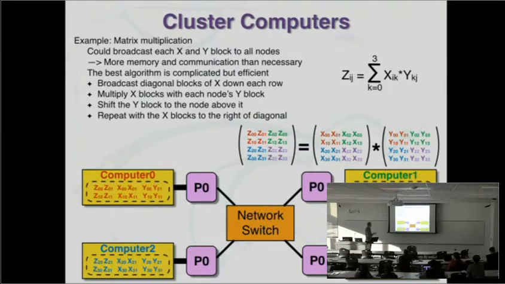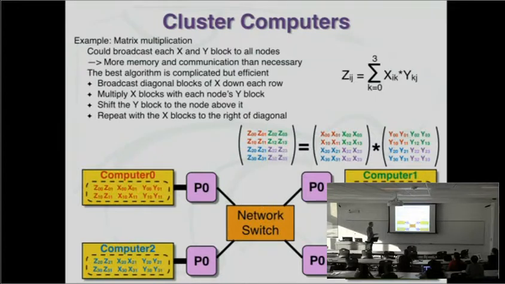The next step is to multiply X blocks with each node's Y blocks that you have available. So currently on this node, we have our own X subblock, and the X subblock that came in. And if you go through, what we want to do is for each of our Z values, see which ones we have data in the same place for now.